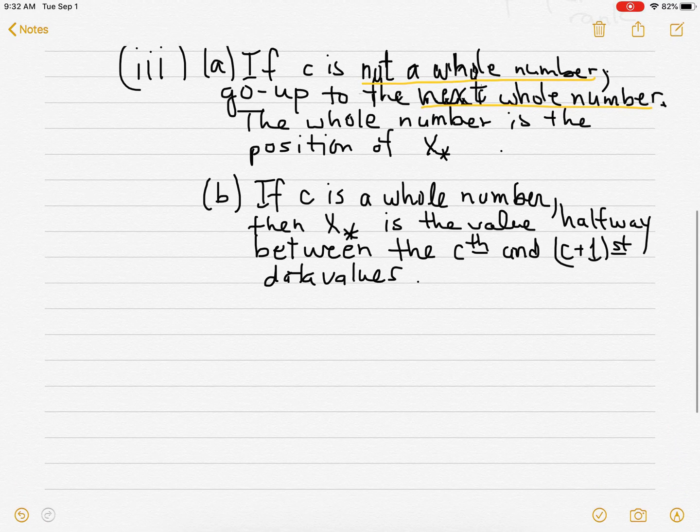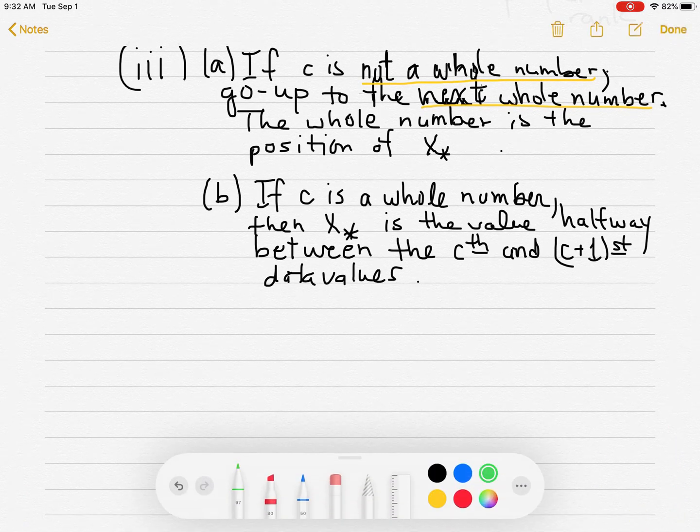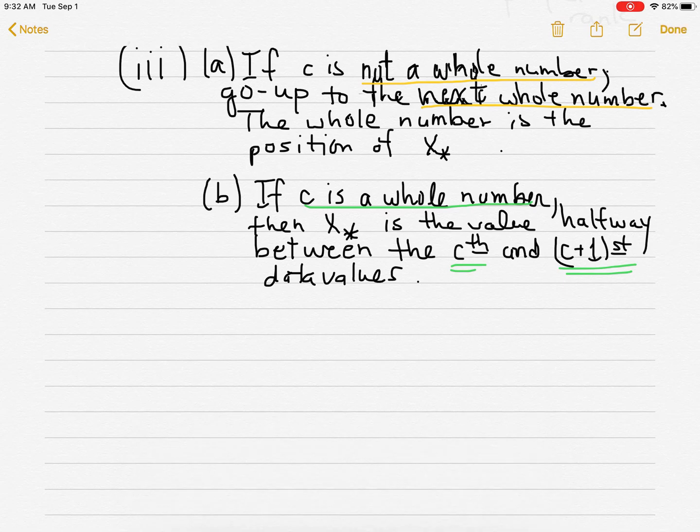So what happens if the C that you calculate is a whole number? What if it lands exactly on a whole number? Then your X star, the data value, is going to be halfway between the C value and the C plus first value. Let's say you get a whole number of 7 for your position. Exactly 7.